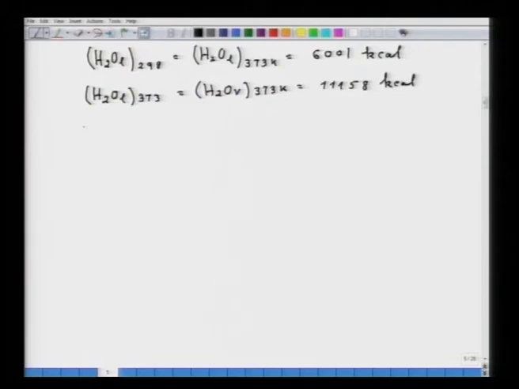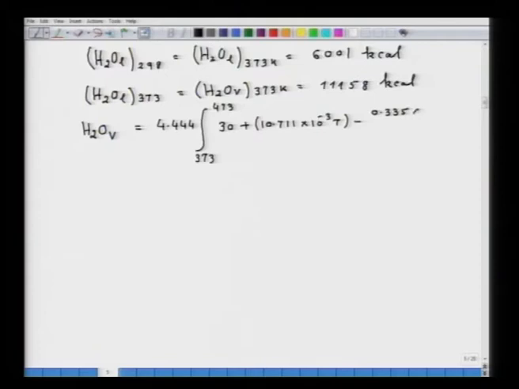Now, I have to heat the H2O vapor, 4.444 kg moles, that will go from 373, because 100 degrees has already been taken into account, to 473: 30 plus 10.711 into 10 to the power minus 3 T minus 0.335 into 10 to the power 5 upon T square, dT, and this value is 3643 kilocalorie.